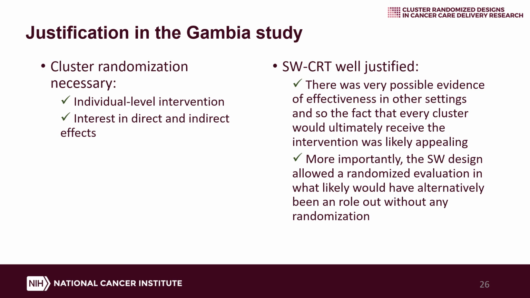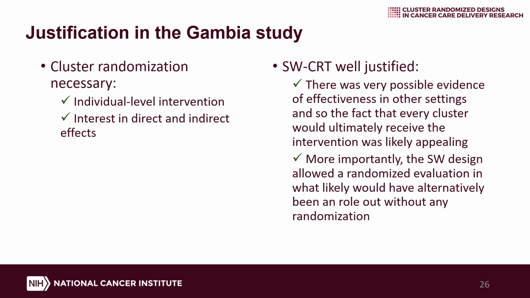So was it justified? Well, remember, first of all, we have to have a justification for using cluster randomization. Now, in this setting, the intervention is a vaccine. It's actually an individual level intervention, but no doubt there was an interest in the direct and indirect effects. So this is a good reason to adopt a cluster randomized trial. Was the stepped-wedge trial well justified, or would it have been feasible to use a parallel cluster randomized design?